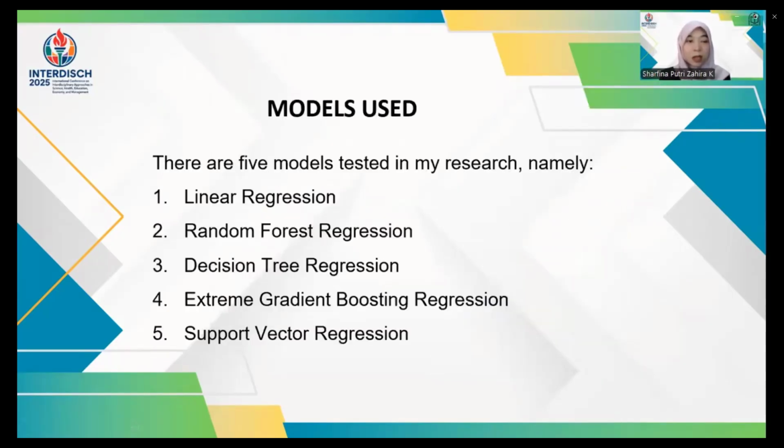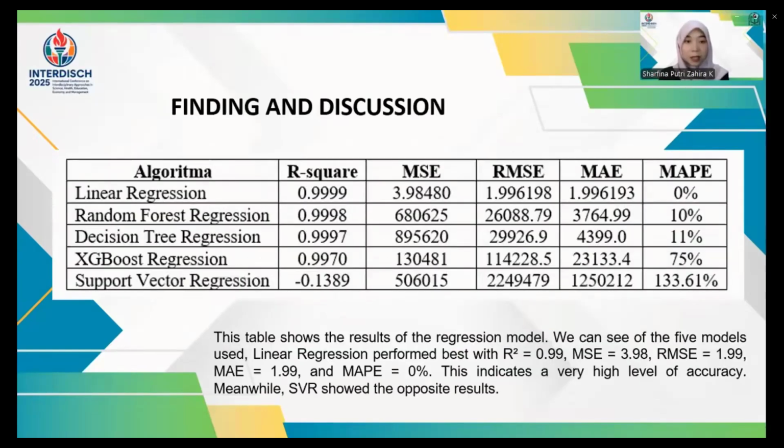Next, models used. There are 5 models tested in my research, namely linear regression, random forest regression, decision tree regression, extreme gradient boosting or XGBoost regression, and support vector regression. Next, findings and discussion. This table shows the results of the regression models.